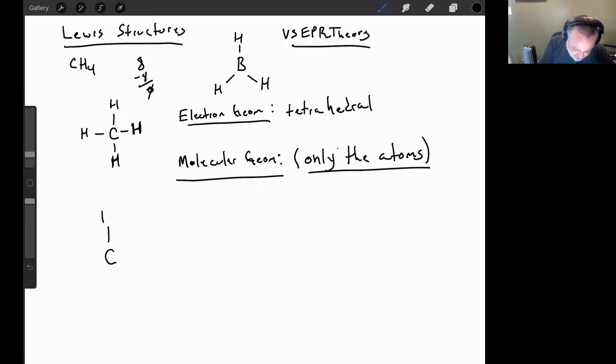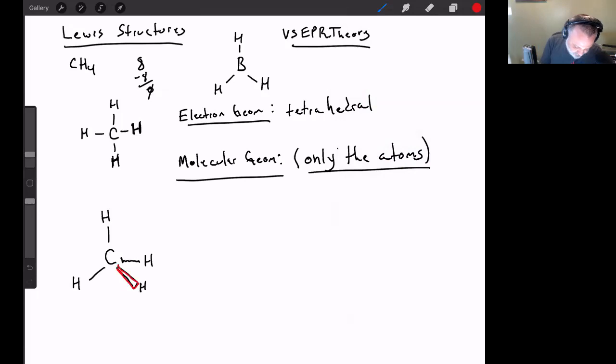Why is tetrahedral the geometry, based on the fact that electrons don't want to be next to each other? If I think about it, a tetrahedron provides the largest possible bond angles between each of these atoms. And what I've drawn is a representation of the bonds.